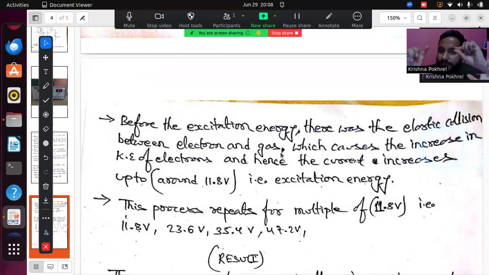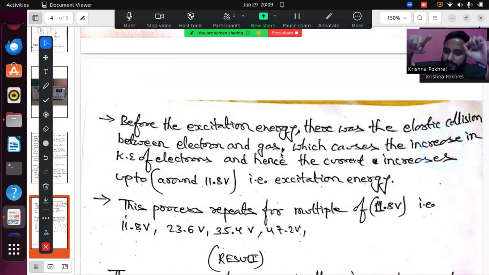At that time, there is no loss of energy by electron, and hence the current increases.